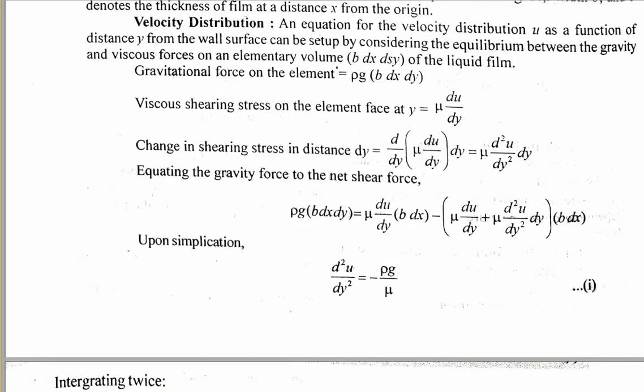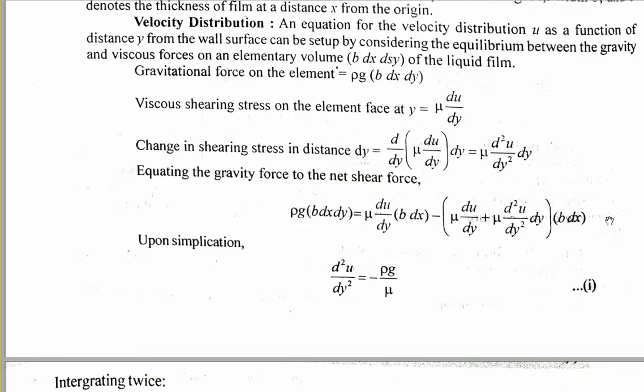Equating the gravity force to the net shear force, we will get rho g into the volume is equal to mu du by dy into b dx, subtracted from the equation, that is mu du by dy plus mu d square u by dy square into dy, into b dx.